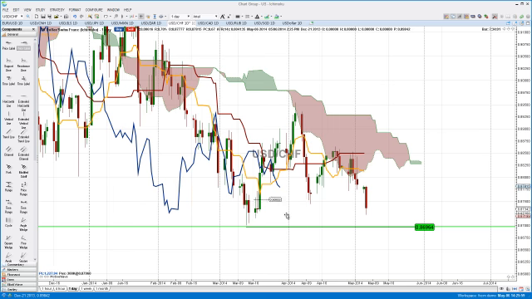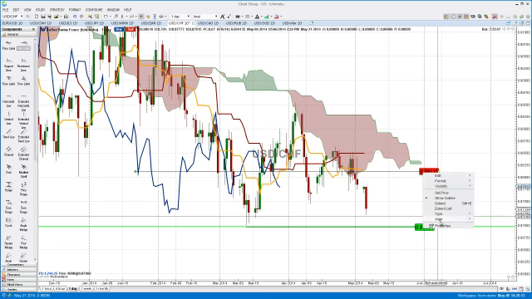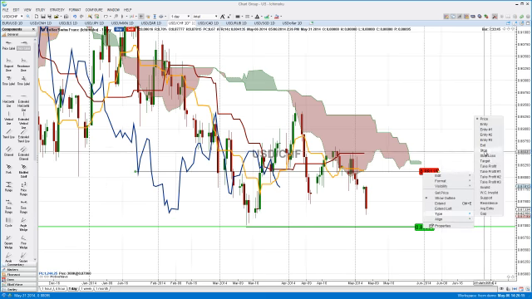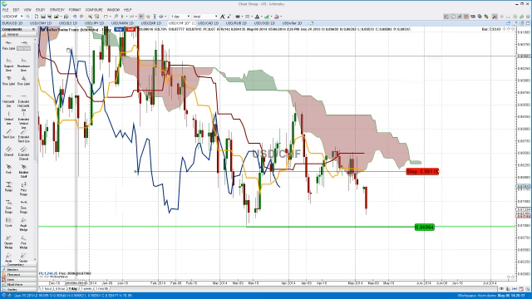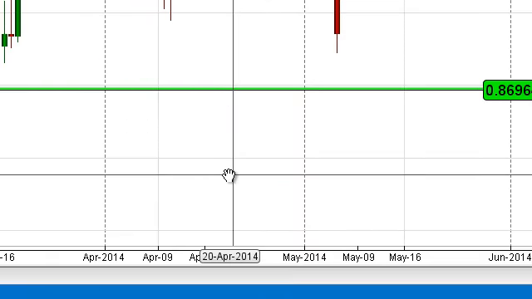And what we can do, bring it down, put it across there, so we could have our stop at that level. Make that a bit bigger. Type stop, right? So that's what we're looking at right now, if we're going to go any shorter on this.